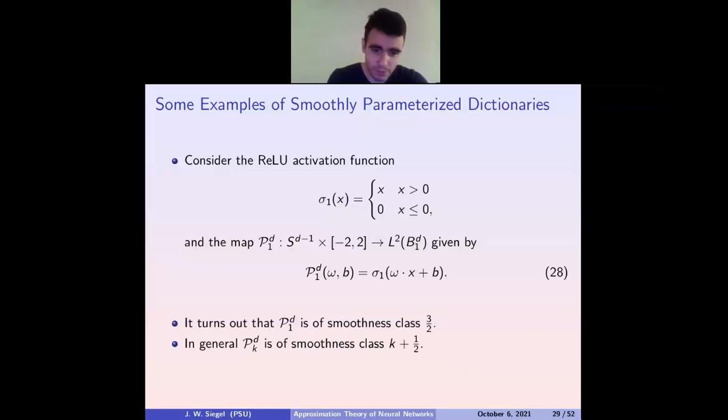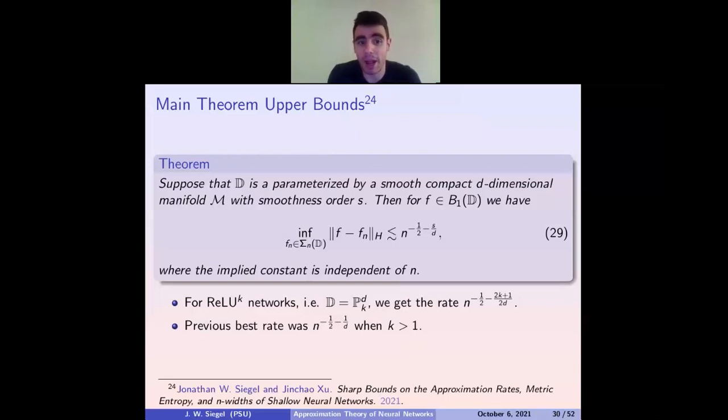So then we have the following abstract theorem: if your dictionary D is parameterized by a compact d-dimensional manifold with smoothness S, then you can obtain an approximation rate of n to the -1/2 minus S over d.